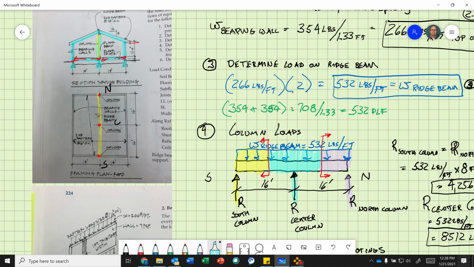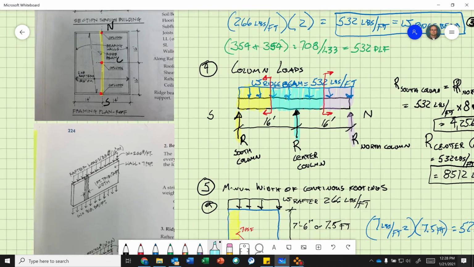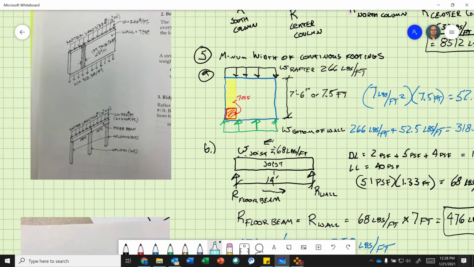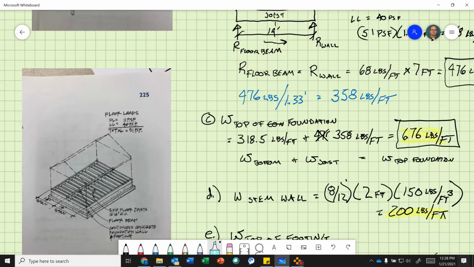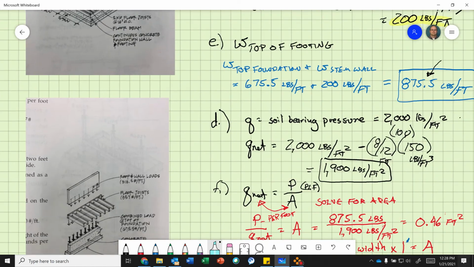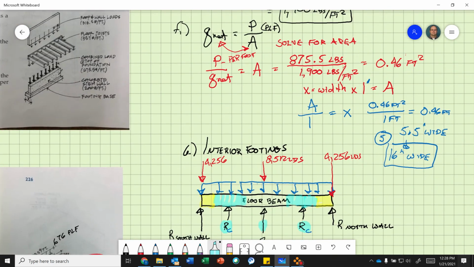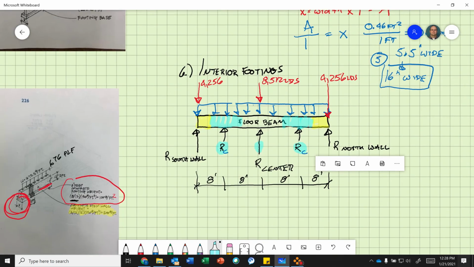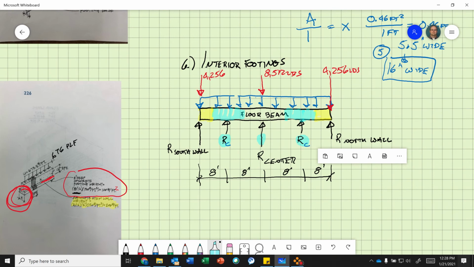Those point loads are transferring onto that floor beam. Okay, it's very important. And I'll show you a little trick to make your math easier so you don't have to do a bunch of moment equations. Okay, so with that, now we have to figure out our uniform distributed line load from the floor beam.